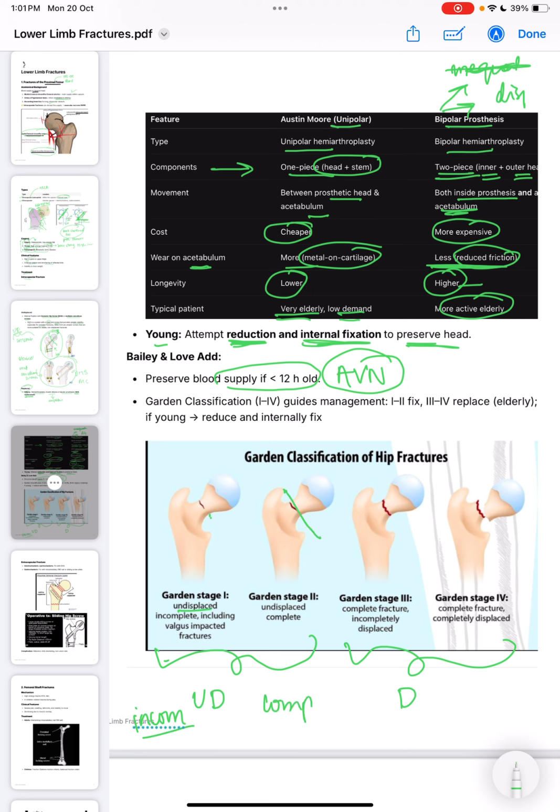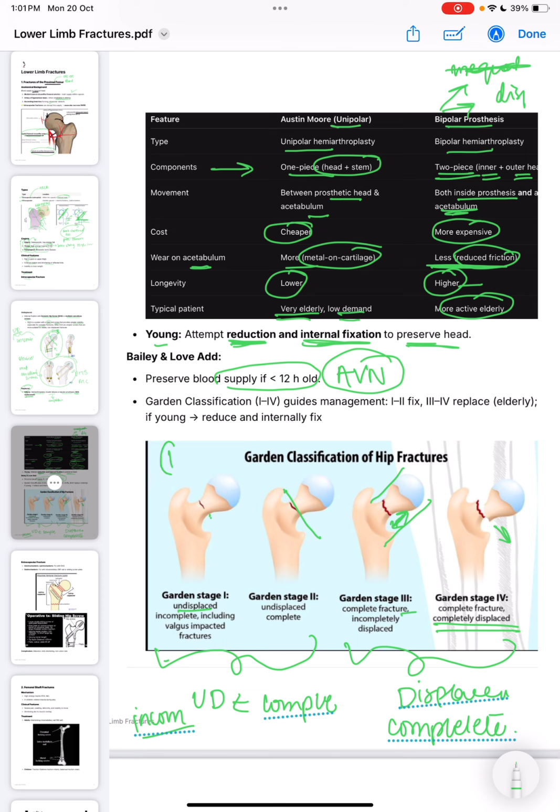So this is a complete undisplaced fracture. Now this both is displaced. ये थोड़ा सा इस मामले में displaced और ये इस direction में displaced है, right? तो इसमें क्या है, these are both complete fractures, right? But this is a complete fracture and this is displaced. But this is incompletely displaced because it's still in position. And this is a completely displaced fracture.